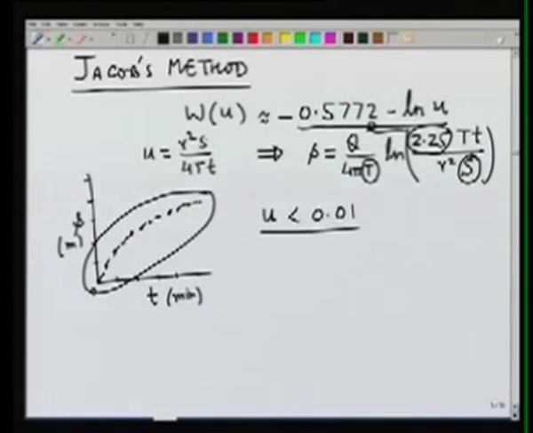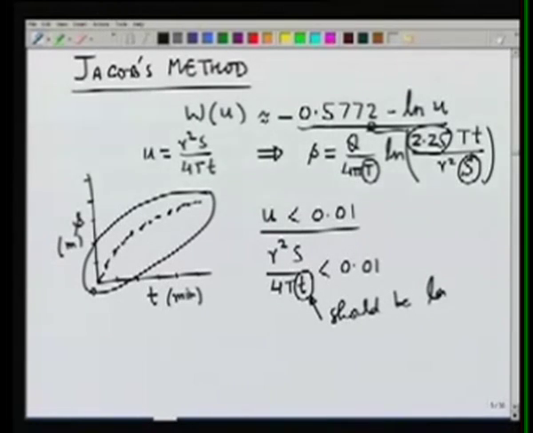And if you look at the definition of u, you will notice that t has to be large, which means that some of the early data will typically not follow the Jacob's approximation.